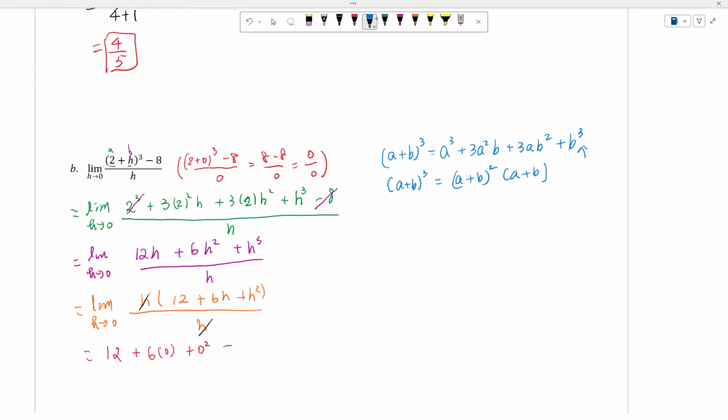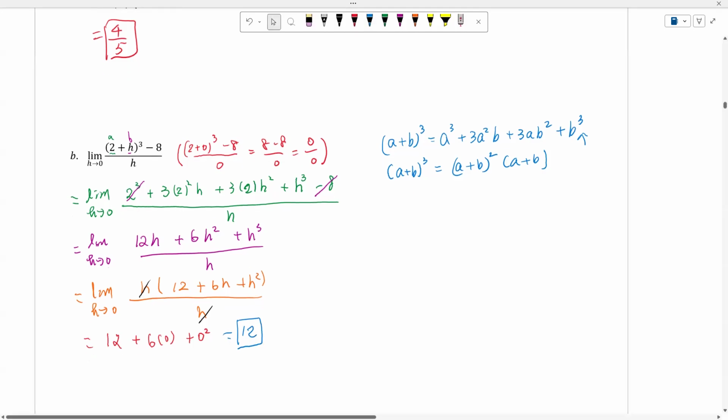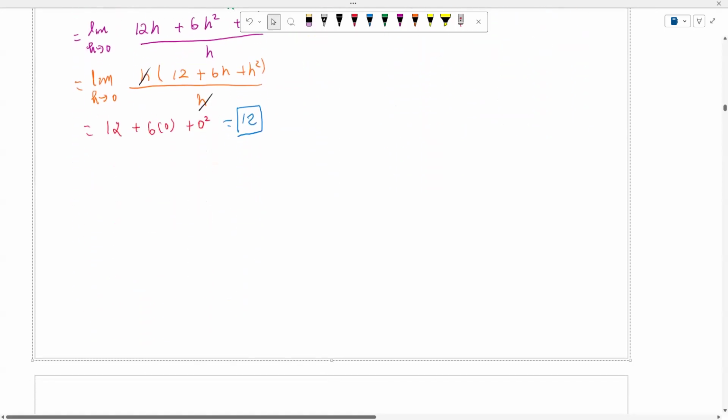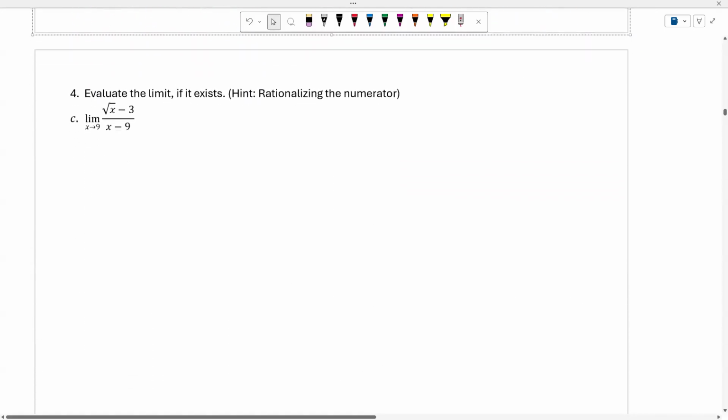Then, of course, my answer will be 12. So this is another technique. If we have 0 divided by 0, then we could actually expand it out and simplify.